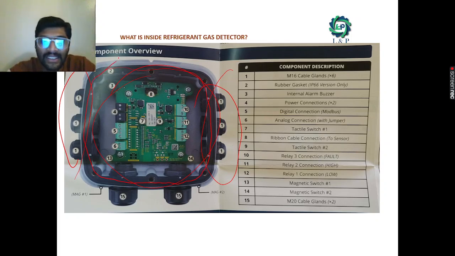Next, we have an internal alarm buzzer inside it. And for the gas detector to work, it needs power, so for the power connection we use this terminal.